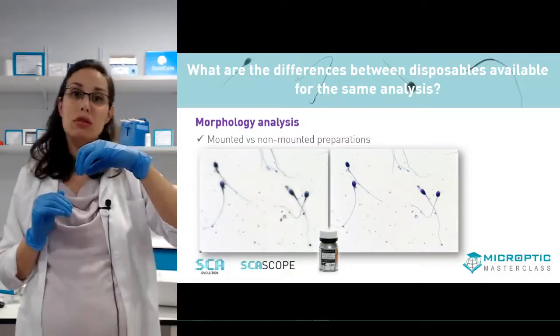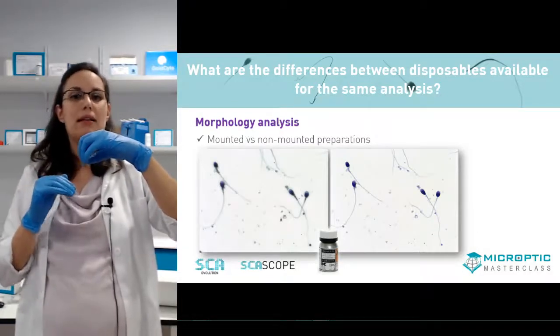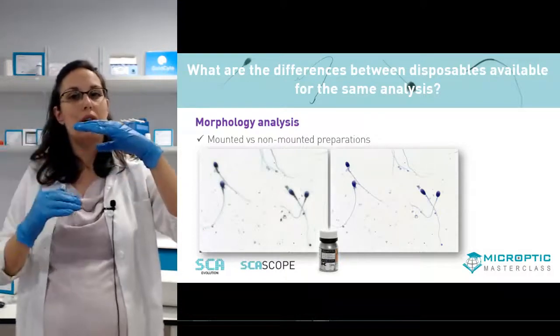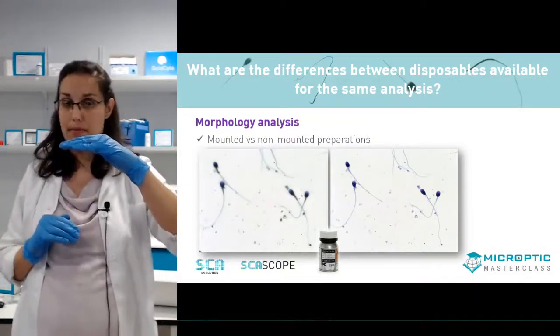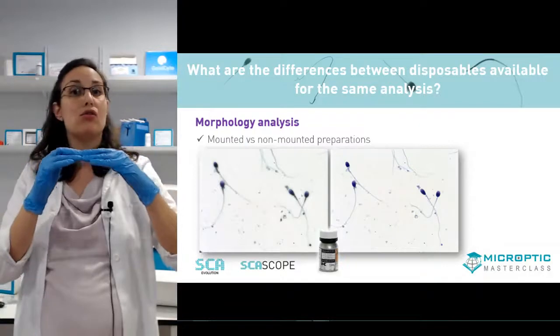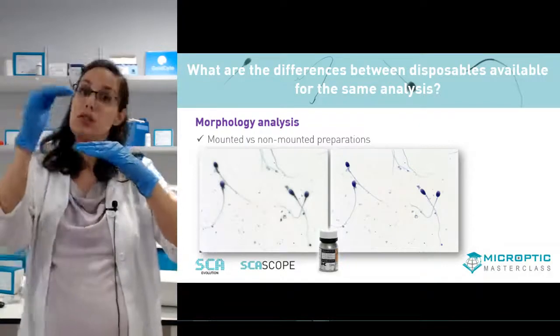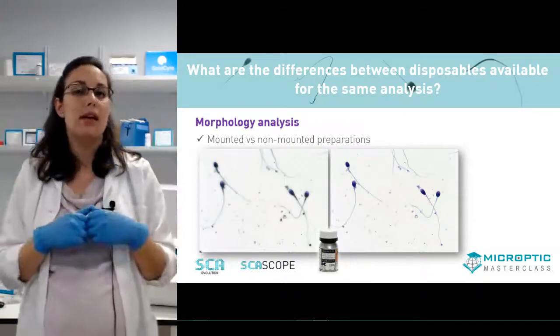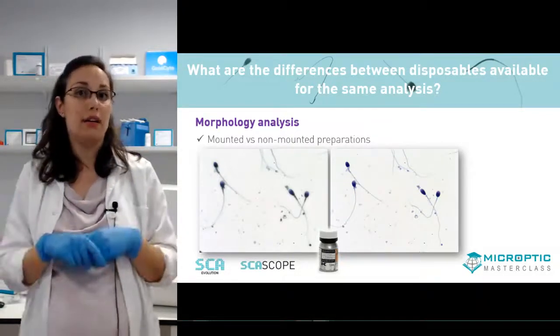When you are mounting, optically, all these structures become more flattened and everything goes to the same focus plane. Hence, it is easy to focus and evaluate all the structures on the same focus plane and make the analysis easier and faster.